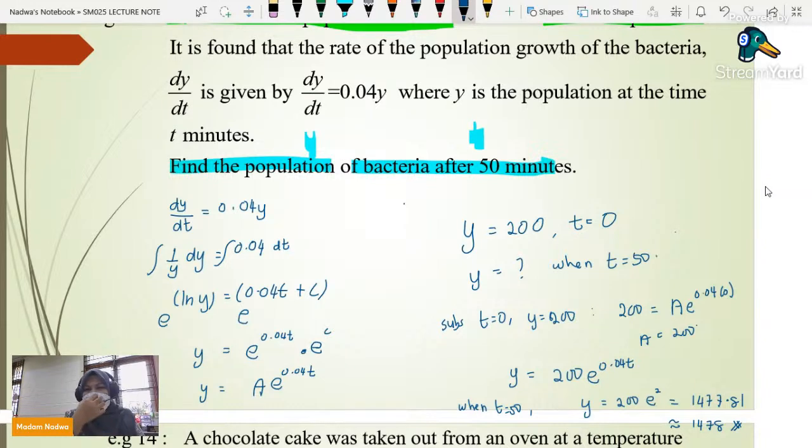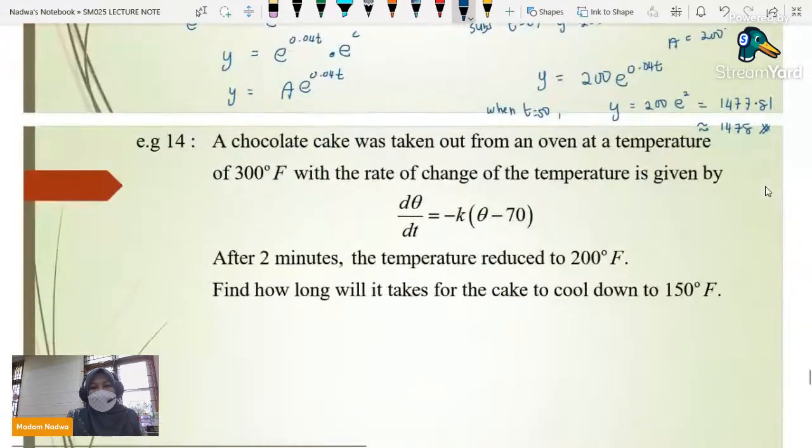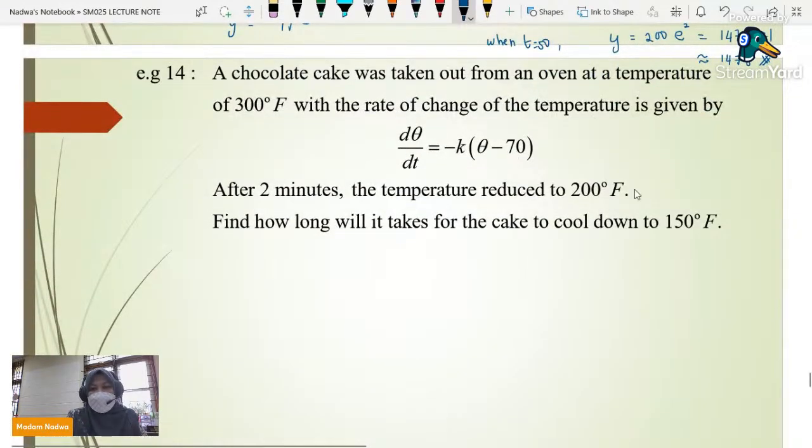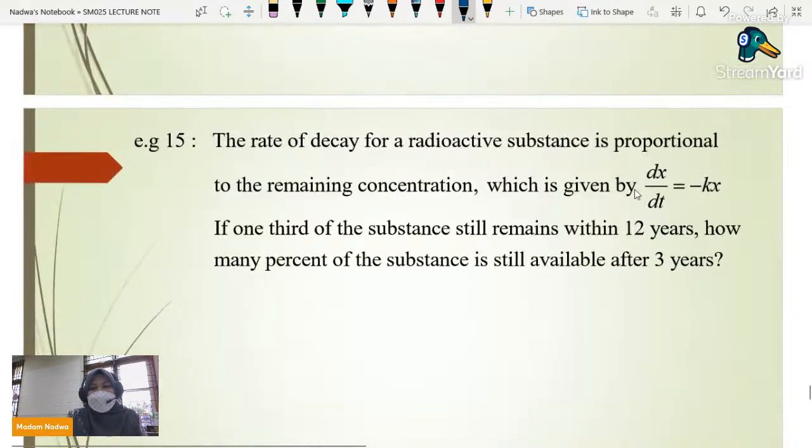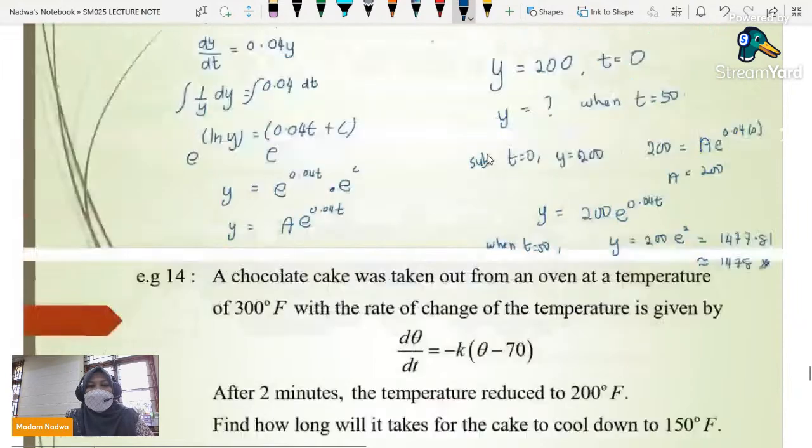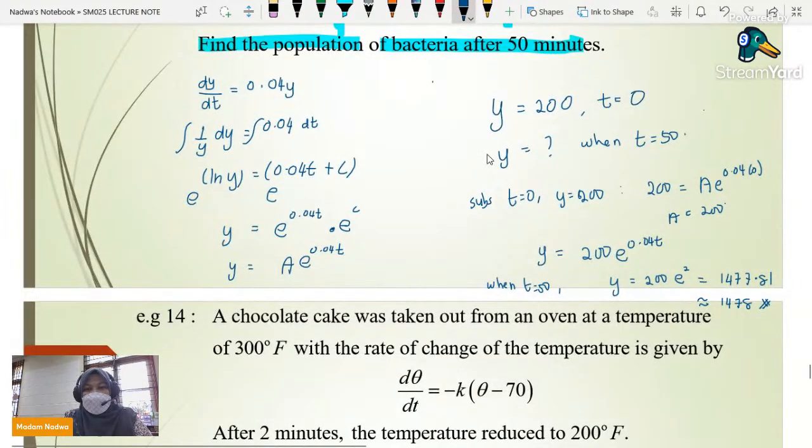I don't remember if you have learned the radioactive decay formula in SPM. However, this is the formula for Newton's law of cooling, and this is the formula for radioactive decay. These are very famous formulas, and you should know how to deal with these equations. So two examples for the application today are enough.